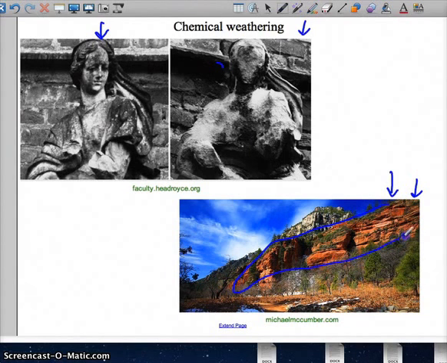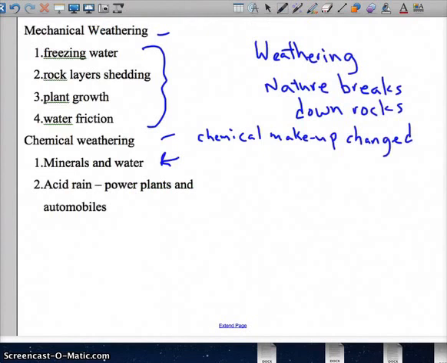That is naturally formed rust, and that's another form of chemical weathering. It actually changes the composition of the rock that is wearing out. So, in review, we have two different forms of weathering: mechanical weathering and chemical weathering.